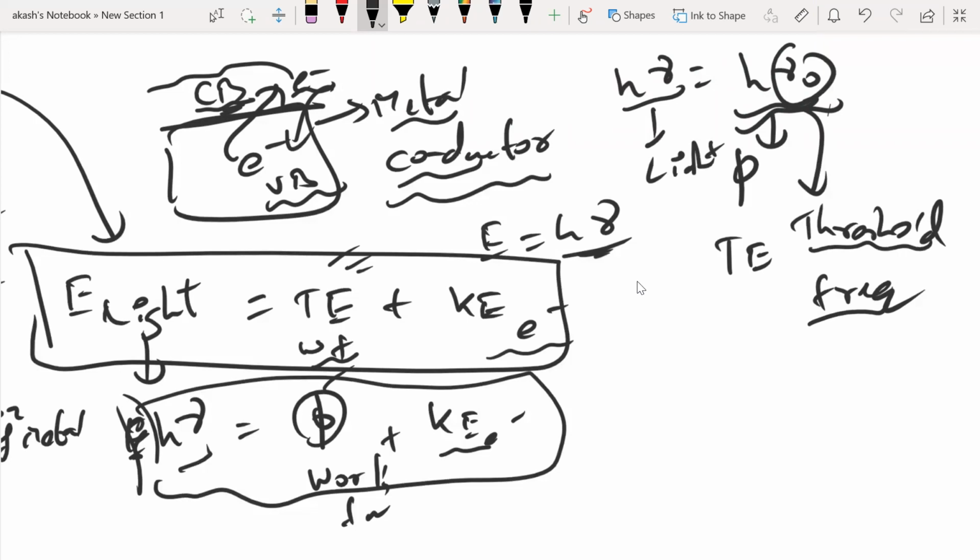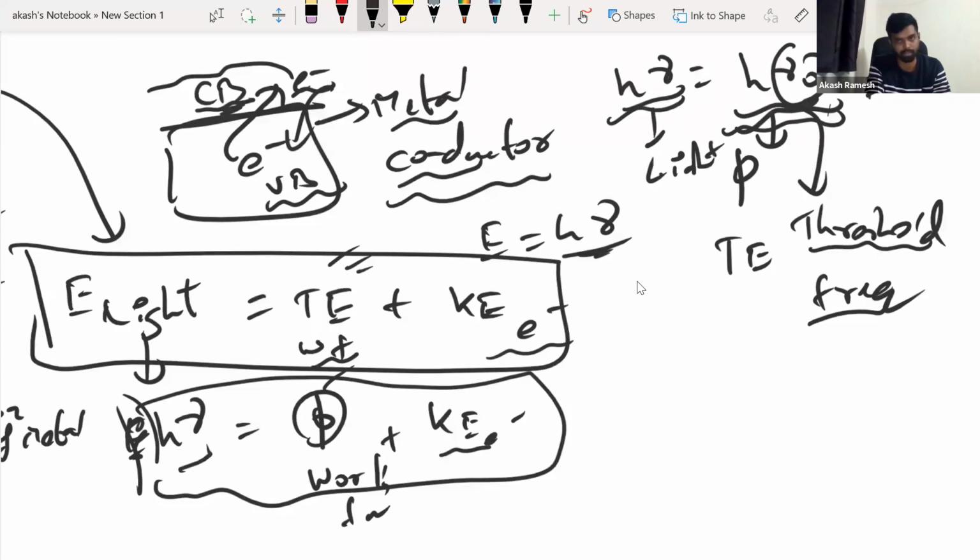Yeah, sure. So what I'm telling is this entire term, h nu naught, plus kinetic energy, obviously. This is the entire equation, right? This is the energy of light. This is the kinetic energy of electron. This is my threshold energy, h nu naught, right? The psi, which I wrote here, that is the threshold energy. Okay, now this threshold energy again can be written as h into nu, right?